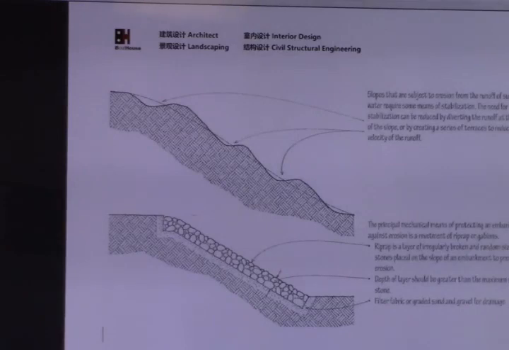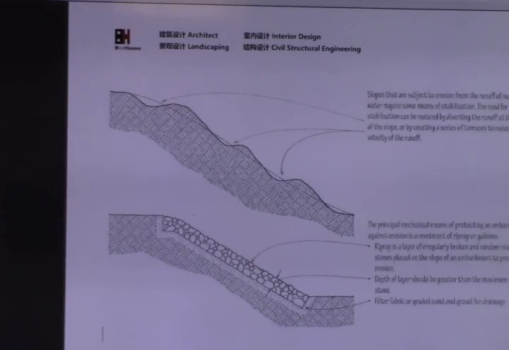Here we will describe some slope protection. Sometimes when the site is sloped, if you have a very large slope, and there is water, rain or water runoff, there is erosion of the slope.